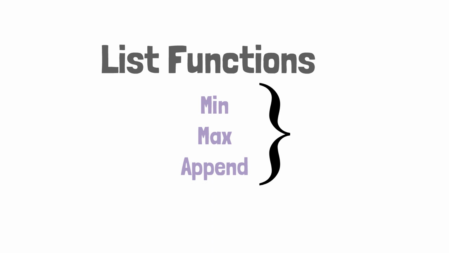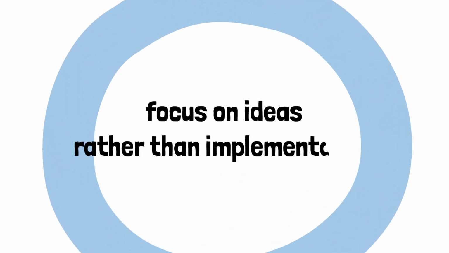The thing that makes abstract data types unique is that they are defined by a set of behaviors. Once more, let's go back to our current version of our definition. Focus on ideas rather than implementation. Now, let's replace the word ideas with behaviors. So we will focus on behaviors rather than implementation.